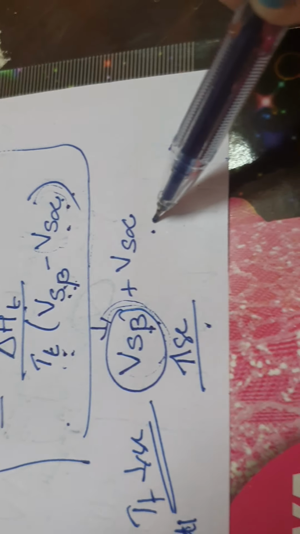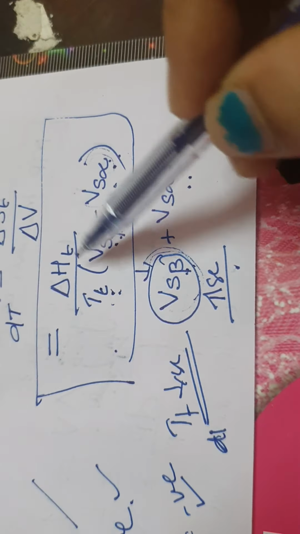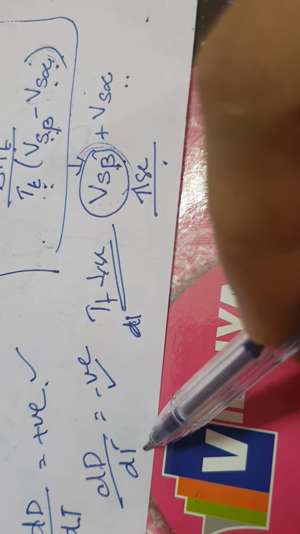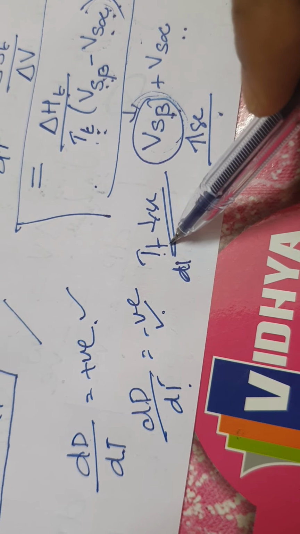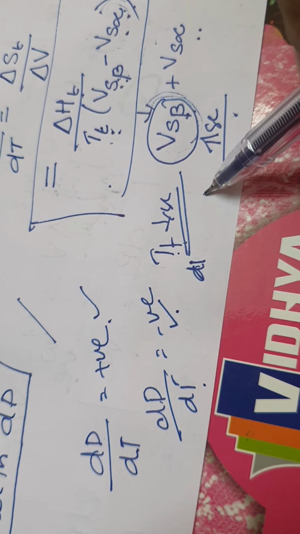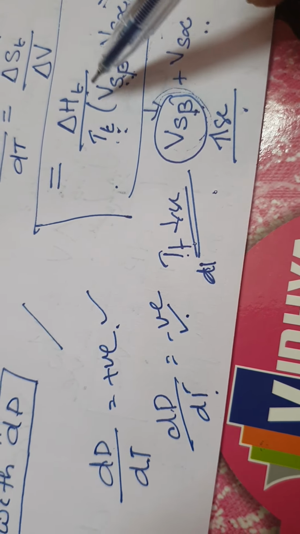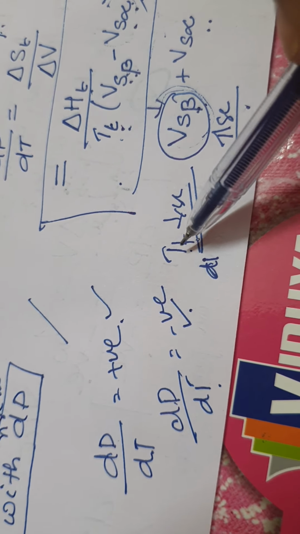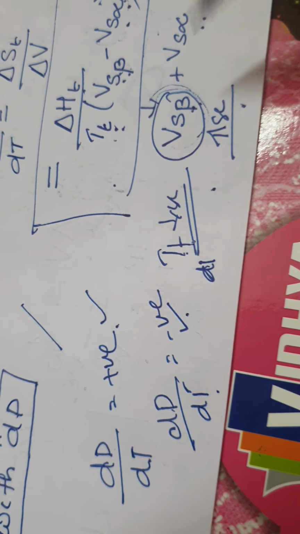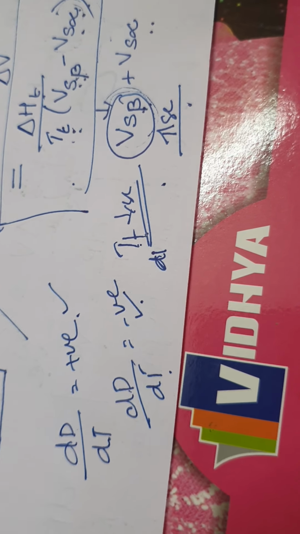If alpha is more, this term will be negative, so dP/dT will be negative. Then the transition temperature decreases. So the volume of each phase determines whether T_T increases or decreases with rise in pressure.